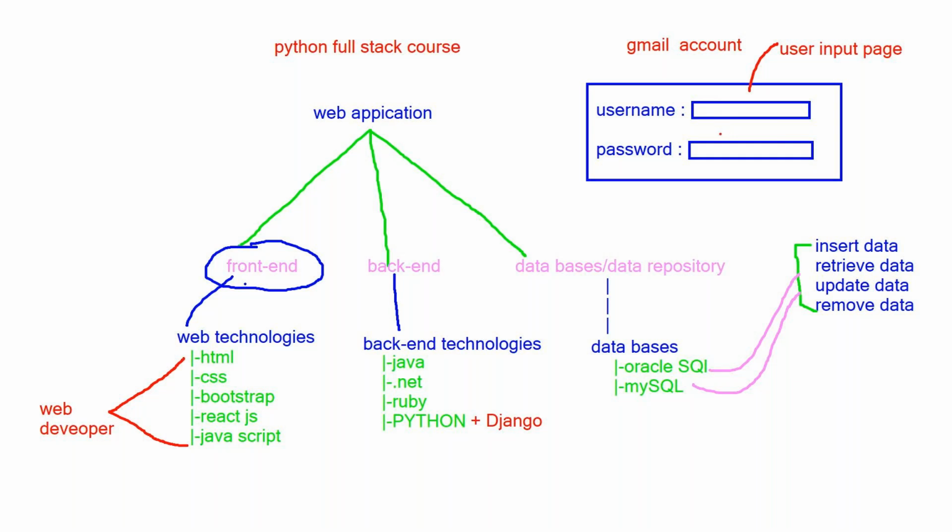In a single class I can't explain the role of each thing in detail, but in one word: as part of a web application, a front end is required. To develop that front end, web technologies are required. By using web technologies we can develop user input pages or user interface.